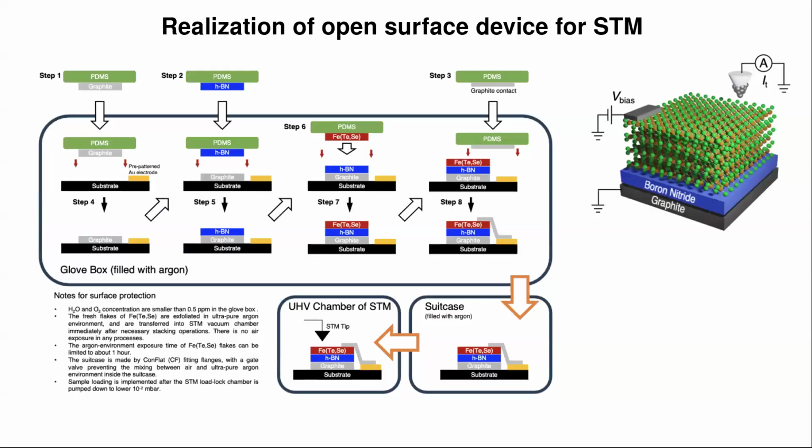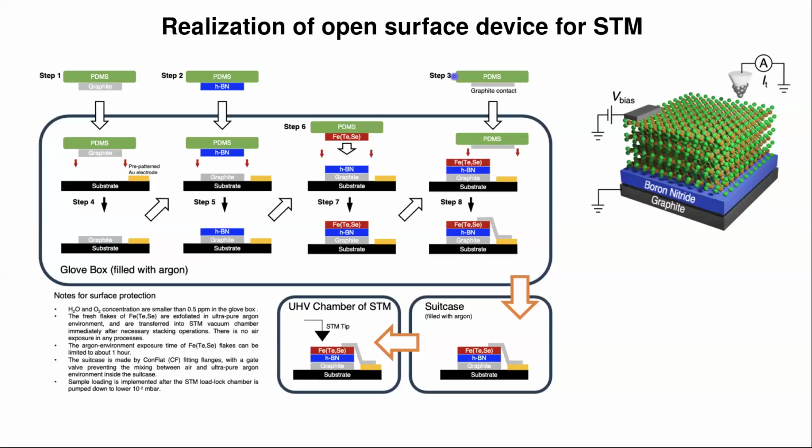Since this is maybe new for you, let me describe how we make the samples. The bulk iron-based superconductor, iron selenium telluride, that we studied here has to go through a set of fabrication steps, which I illustrate here. For this work, we developed a technique where we stack graphite, hexagonal boron nitride, and the iron-based superconductor on top of each other by consecutively using the polymer stamping method.